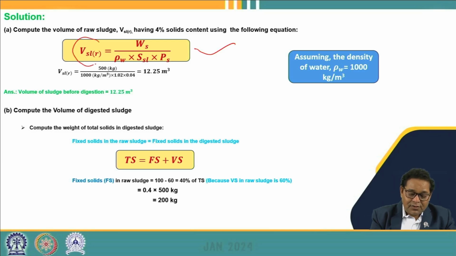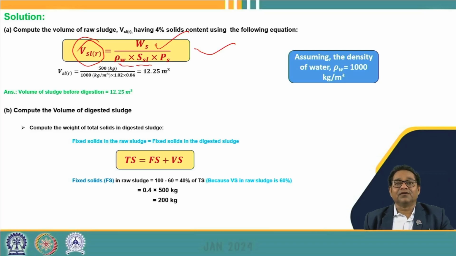So the volume of the raw sludge is equal to Ws divided by rho W into specific gravity of the sludge into percentage of solids. Putting in the given values, the weight of the total solids is 500 kg, the density of water is 1000 kg per meter cube, the specific gravity of the raw sludge is 1.02, and the percentage of solids is 4%, so this is 0.04.